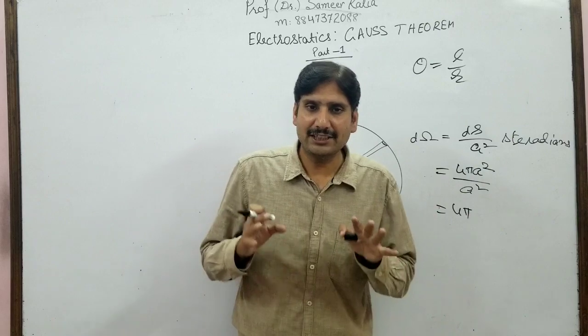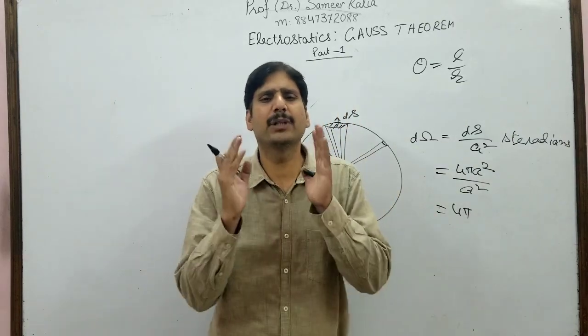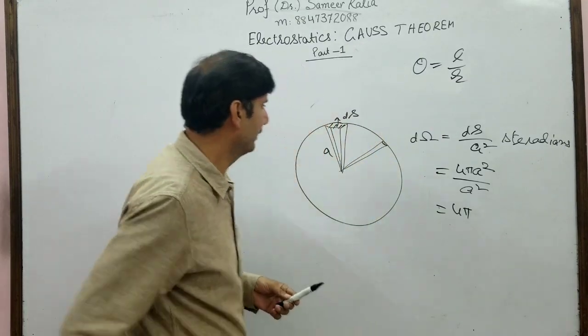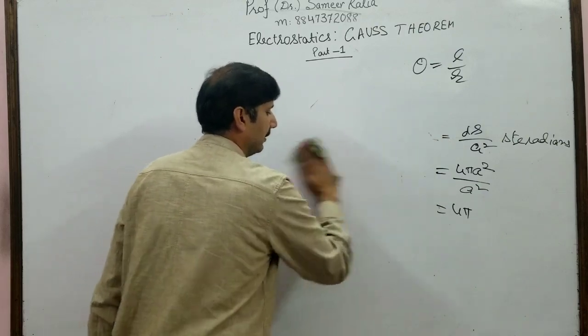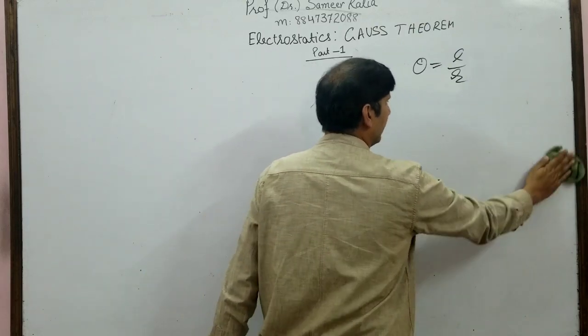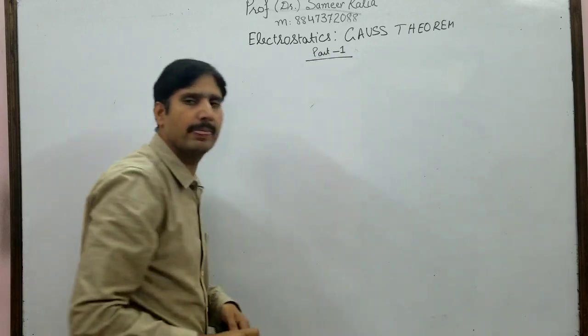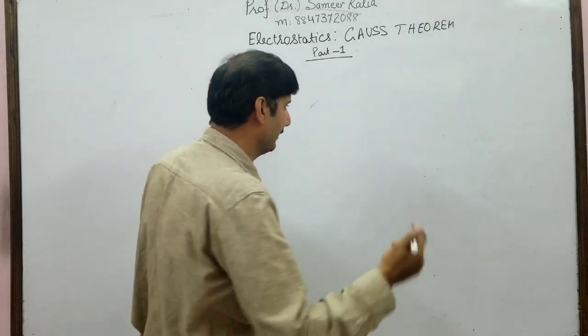Let's prove that the total solid angle produced by any closed surface at a point inside it is always 4 pi steradians. See how can we do that? I again start from the planar.